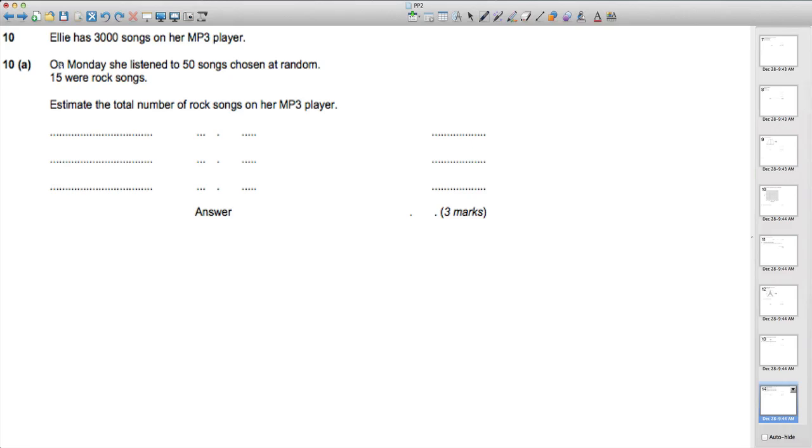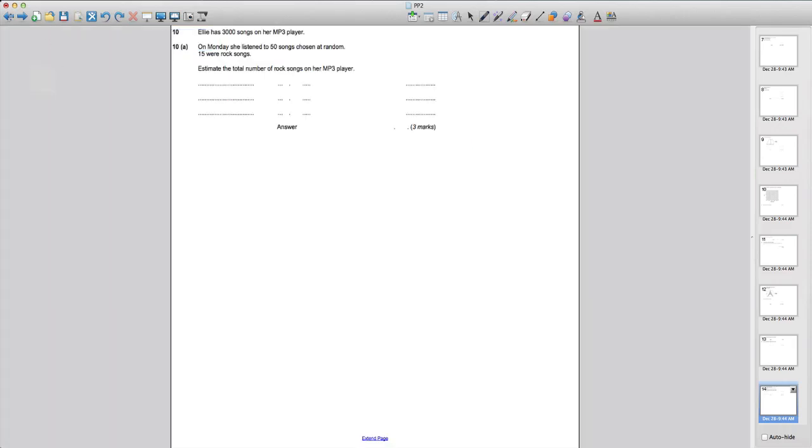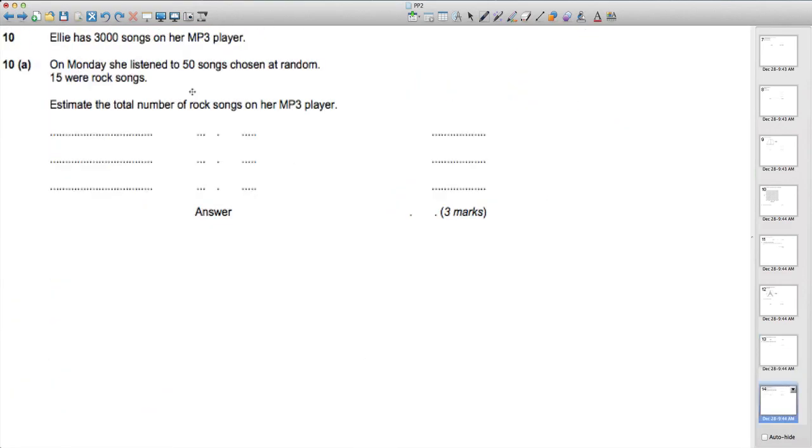Next question. Ellie has 3,000 songs on her MP3 player. On Monday, she listened to 50 songs chosen at random. 15 were rock songs. Estimate the total number of rock songs on her MP3 player. So she listened to 50 at random, and 15 were rock songs.